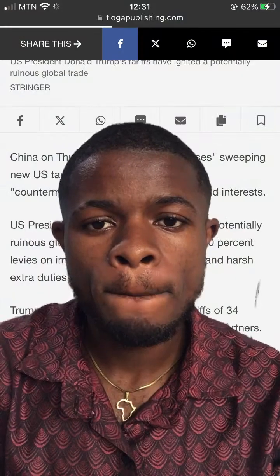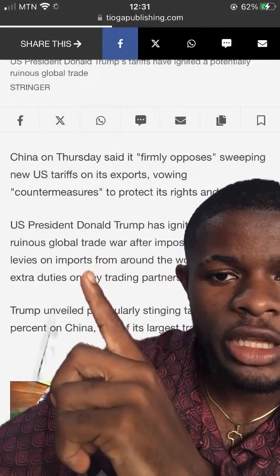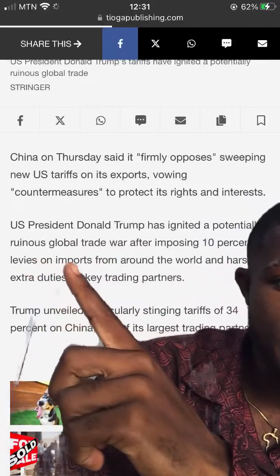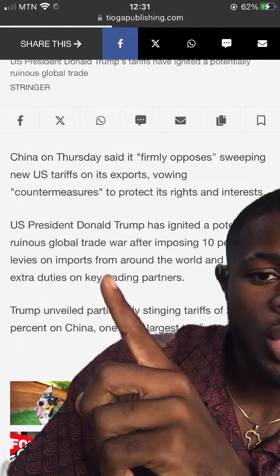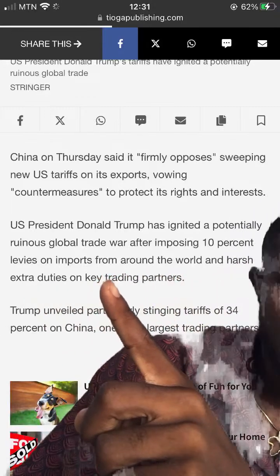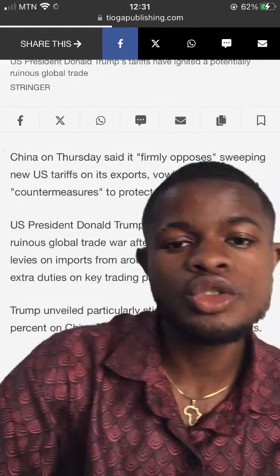So if you look on the green screen here, it says that US President Donald Trump has ignited a potential rigorous global trade war after imposing a 10% levy on imports from around the world, and extra duties on key trading partners.